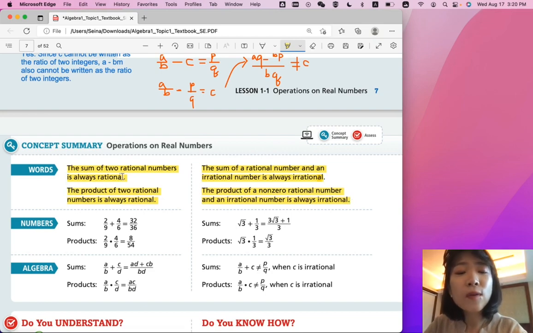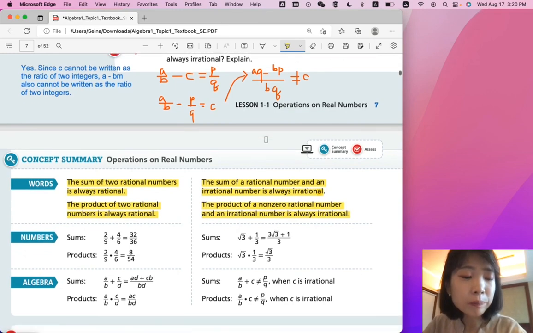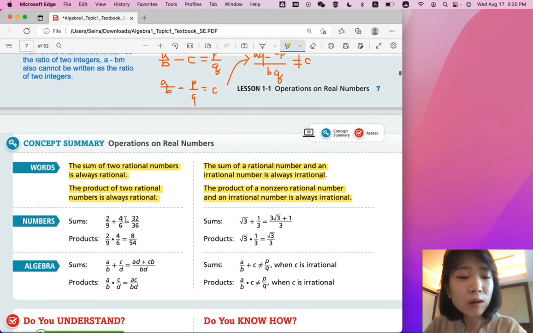So these are the four major rules that we discovered throughout this lesson, and we already know how to prove them. So now if you see these examples, sums and products, where you have rational plus rational or rational times rational, you know you're going to get a rational number.